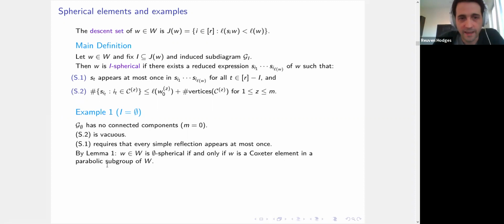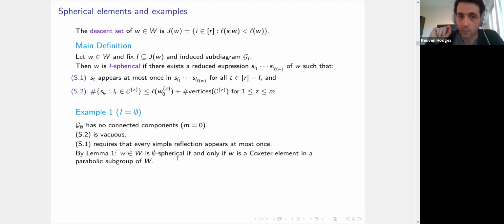So by Lemma 1, given a W in our Coxeter group, it is empty set spherical if and only if it's a Coxeter element in a parabolic subgroup, because this is equivalent by the lemma to each simple reflection appearing at most once. Okay, and this is the sense in which this definition of spherical elements is a generalization of Coxeter elements.